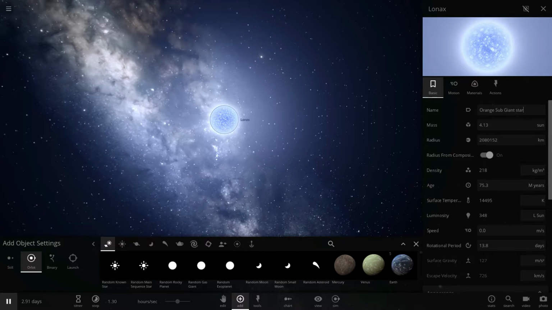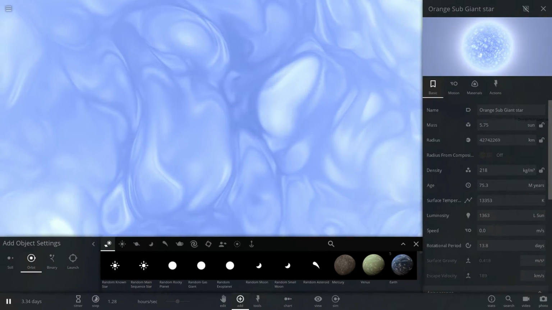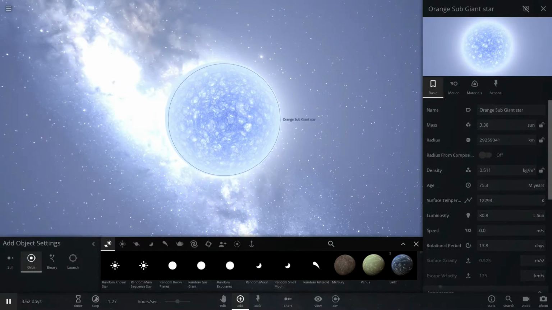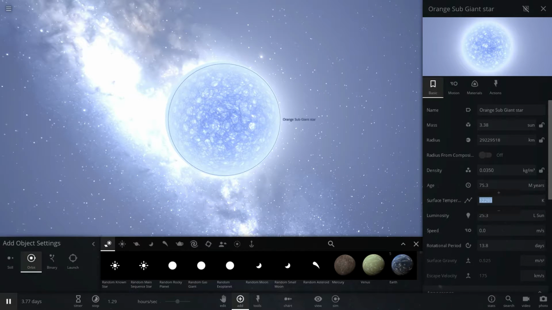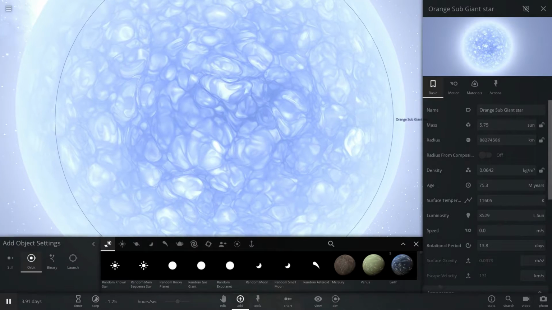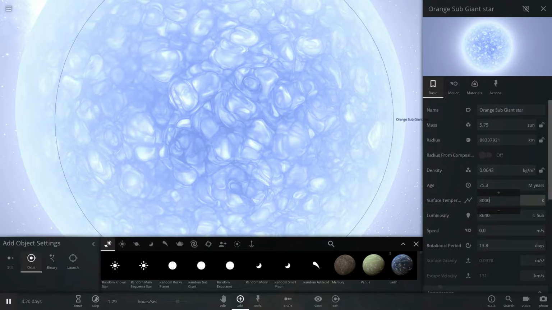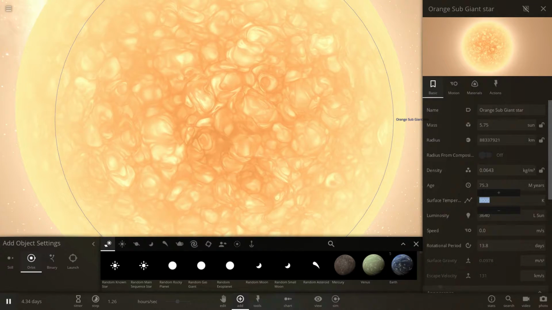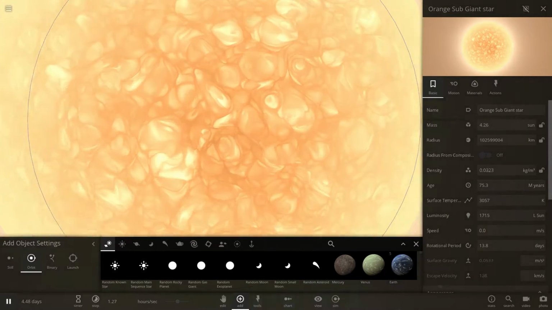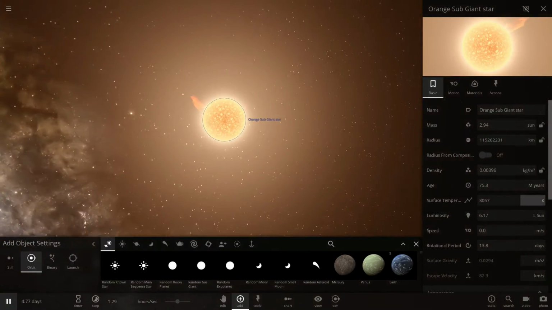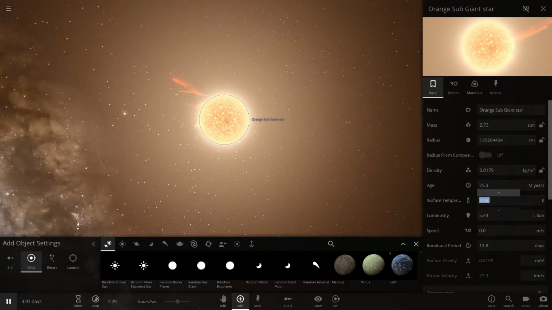So if we just leave it as that, orange subgiant star, get rid of that and put this as like 4,500. Oof, you're crazy. 3,000. Okay, 3,500. Oh, we just leave it as that. I can't make it any brighter because obviously it's just messing itself up.